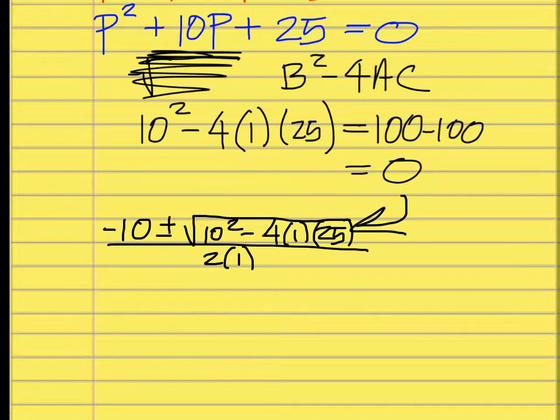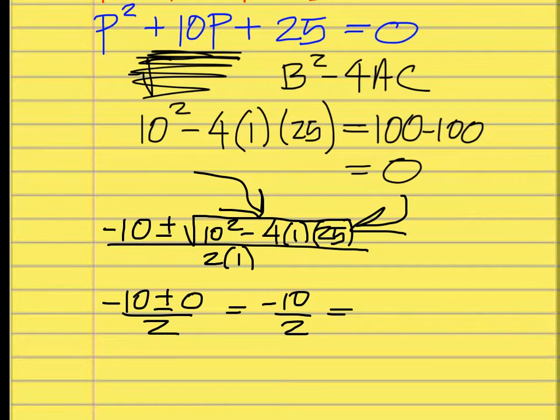So really, there's no need to even do this part of it. We already know it's 0, so just do negative 10 plus or minus 0 over 2. And we know that since it's 0, it's just going to drop out. So negative 10 over 2 is all we're left with. The answer is negative 5.